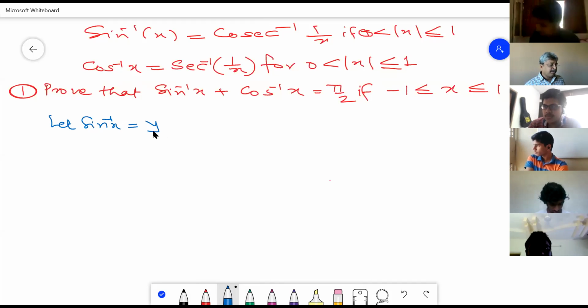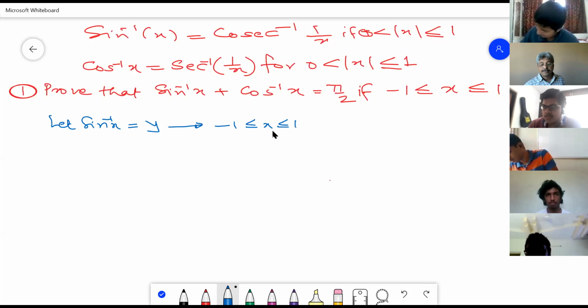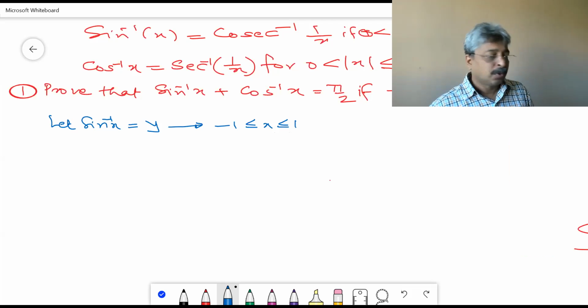The moment we write this statement, we should write: x is in what range? And y is in what range? y is in minus pi by 2 to pi by 2.